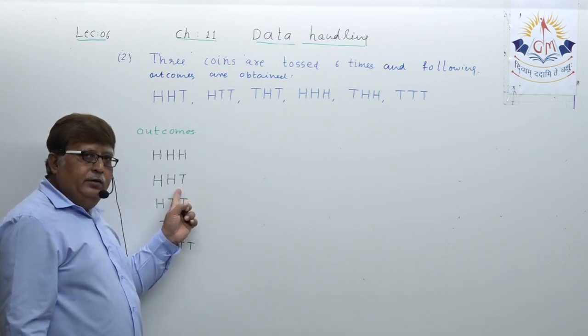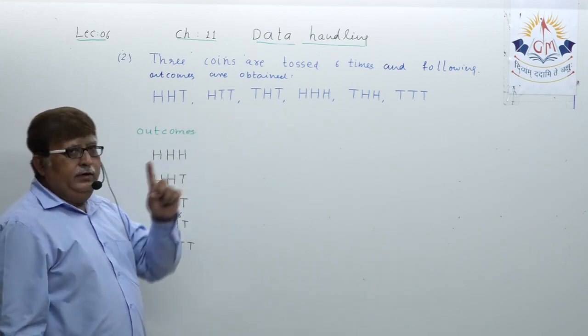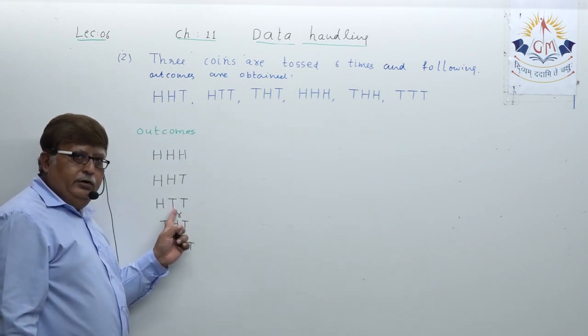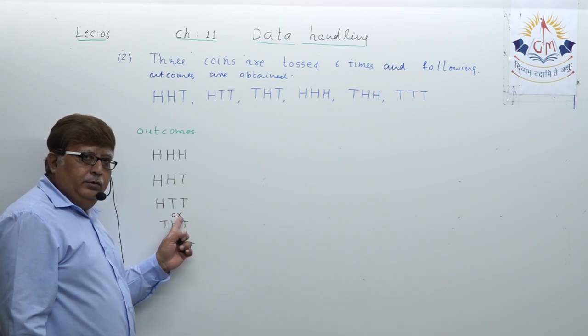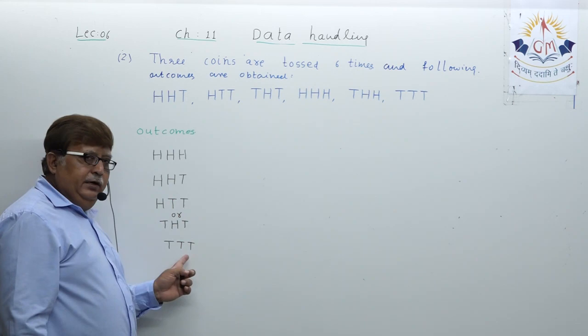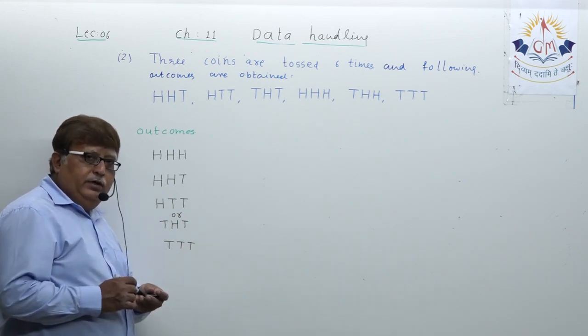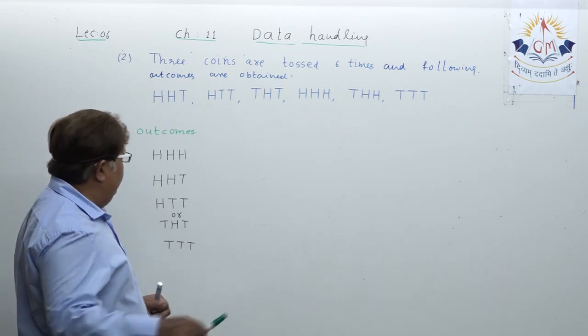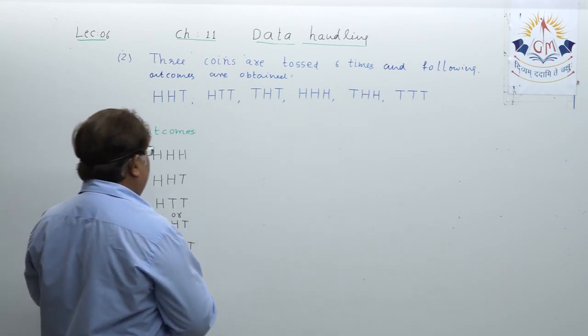Then second, such outcomes where there is one T, then such outcomes where there are two T's, then such outcomes where there are three T's. This way, dear student, be a little more watchful.